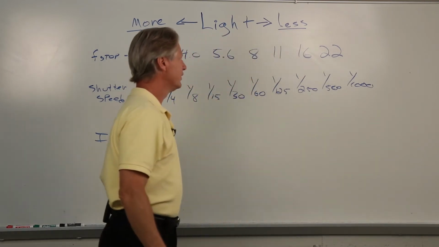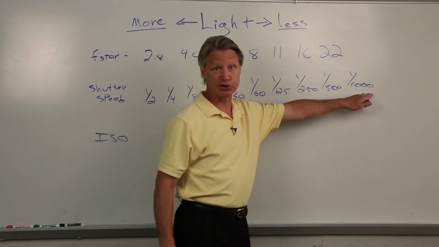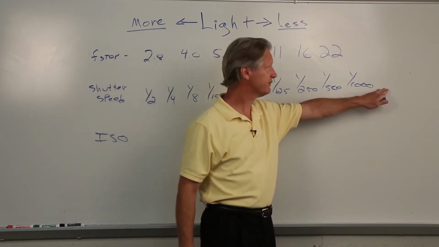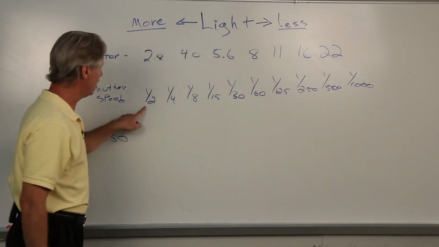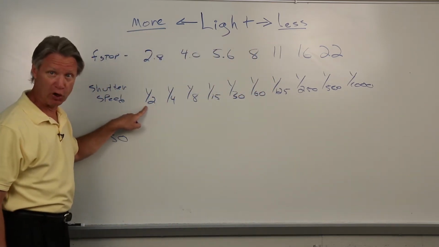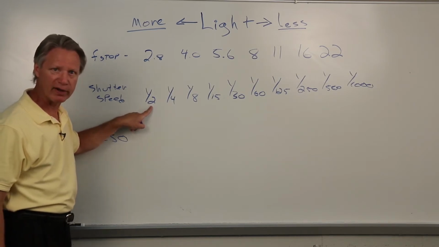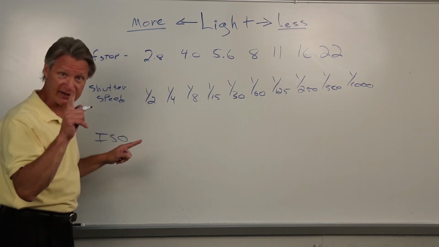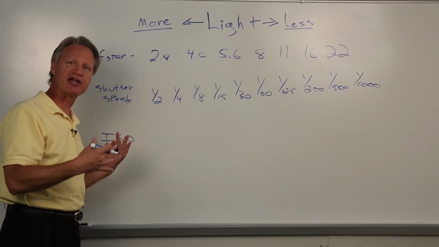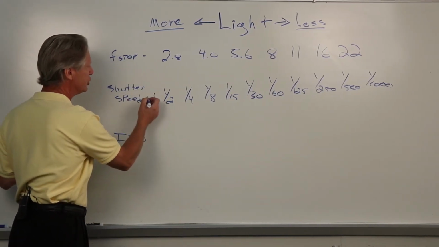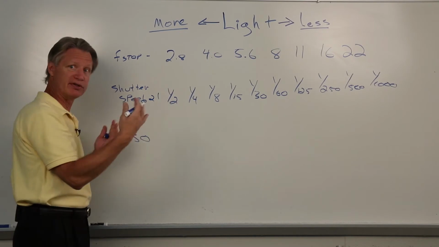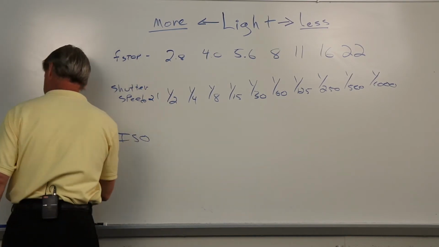Now, most of your cameras will be able to shoot faster than 1/1000th of a second, and I'm sure all of your cameras can shoot slower than 1/2 second. So the next full stop increment would be 1 second. Now the next full stop increment would be 2 seconds, 1 to 2, double. Very simple.